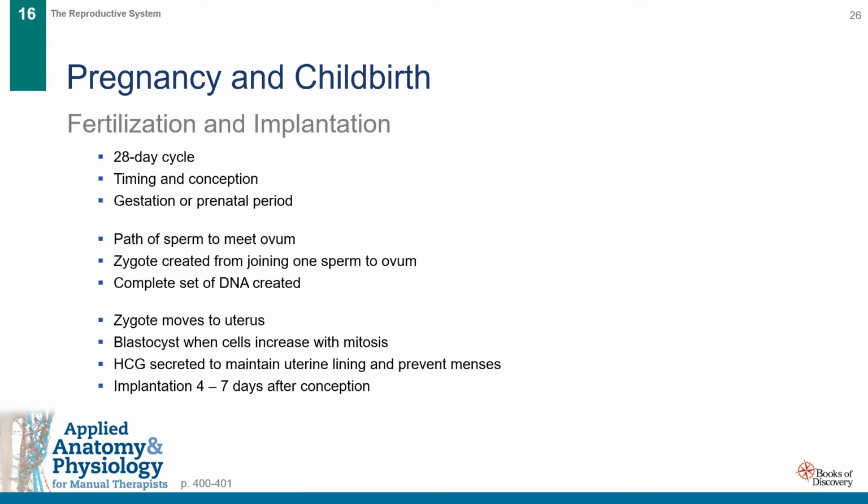After conception, the zygote continues its trip along the fallopian tube toward the uterus. As it travels, it undergoes rapid mitosis to form a multicelled mass called a blastocyst. The blastocyst has an outer ring of cells surrounding an inner cavity. This inner cavity contains a mass of cells clustered to one side.